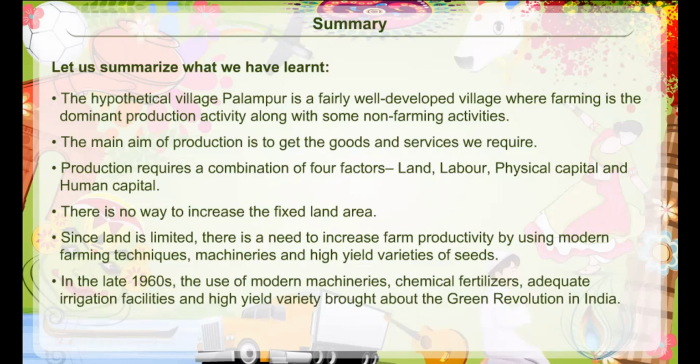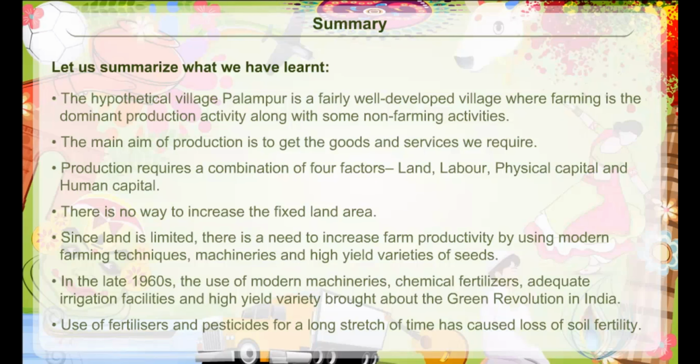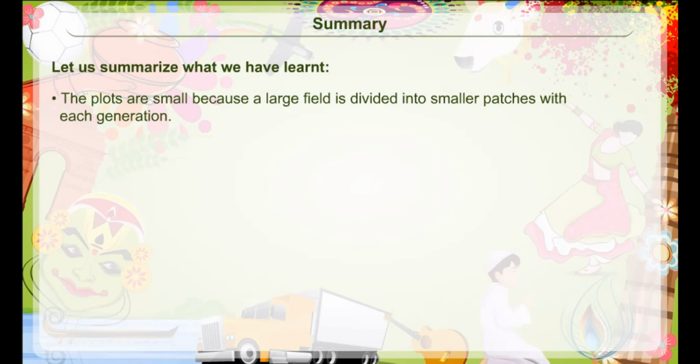In the late 1960s, the use of modern machineries, chemical fertilizers, adequate irrigation facilities, and high-yield variety brought about the Green Revolution in India. Use of fertilizers and pesticides for a long stretch of time has caused loss of soil fertility. The plots are small because a large field is divided into smaller patches with each generation.